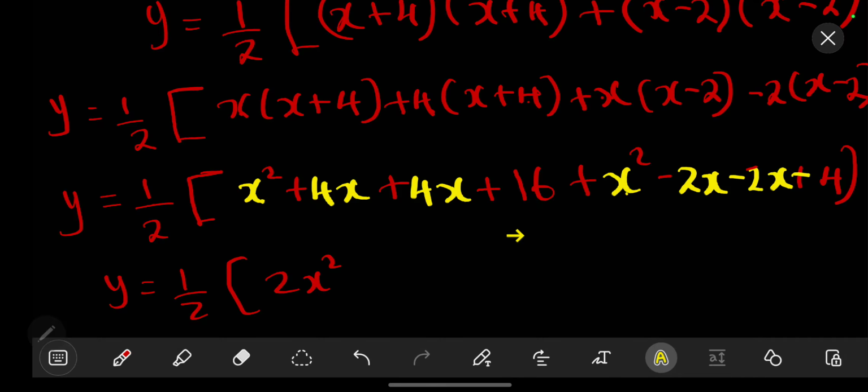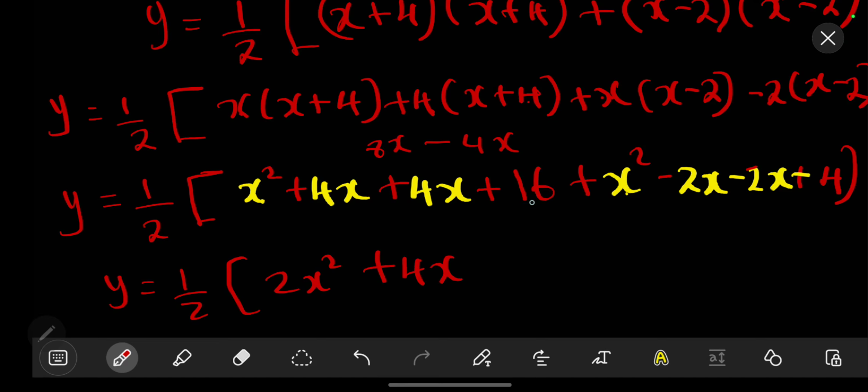So we have our 2x squared. Then when we add 4x plus 4x, that's our 8x. Then when we add negative 2x minus 2x, it will be minus 4x. So the overall 8x minus 4x will give us positive 4x.